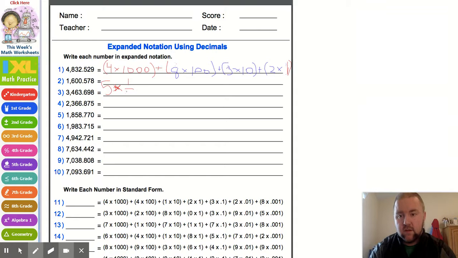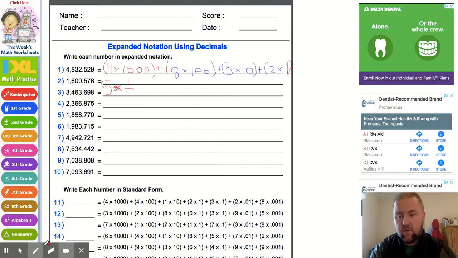This is, again, not letting me draw. So let me try another color. Sorry for that. Okay, 5 times, and it's in the tenths place, so I'll make it 1/10. Put that in parentheses. Then I'm adding on the next digit, which is the 2.